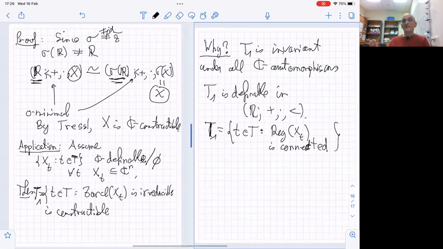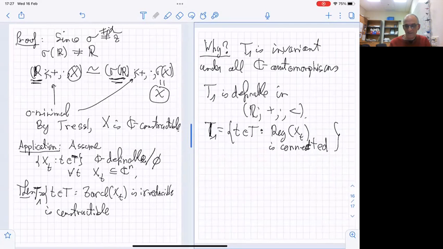It turns out that the Euclidean closure of the smooth points is exactly the Zariski closure, and if the regular points are connected, then the Zariski closure is irreducible, and we know that this is definable in the O-minimal structure.